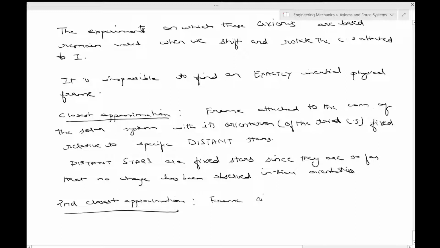So the second is a frame attached to the sun's center with orientation fixed relative to distant stars.